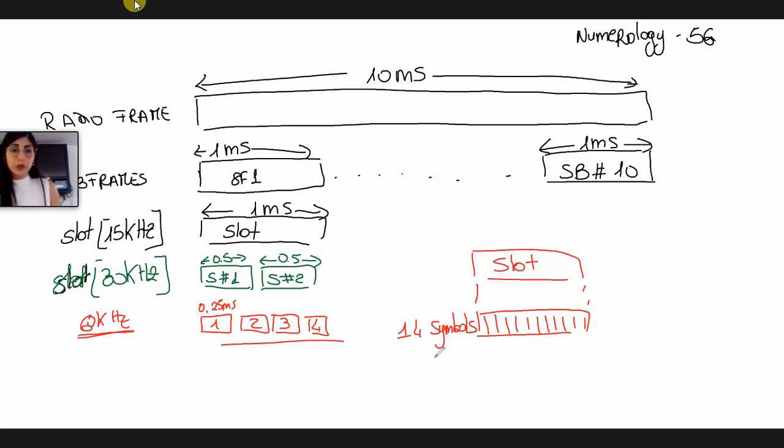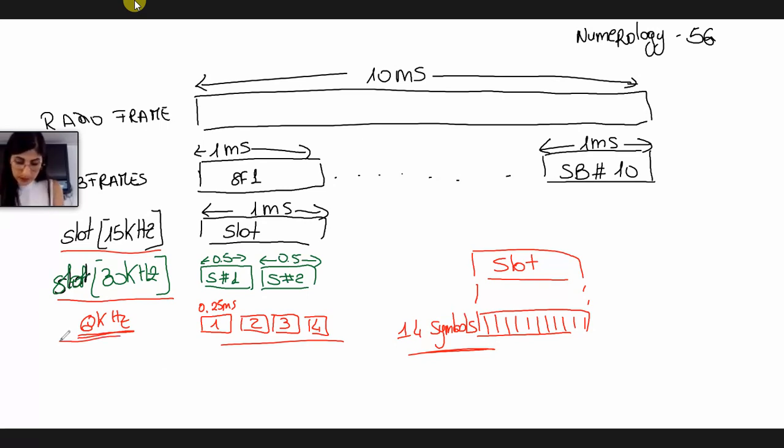So we can see from here that if we use 15 kilohertz of subcarrier spacing, we have 1 slot in one subframe, so we can send 14 symbols per subframe. If we have 30 kilohertz of subcarrier spacing, we have 14 symbols in one slot, so we will have 28 symbols in 1 millisecond, in one subframe.